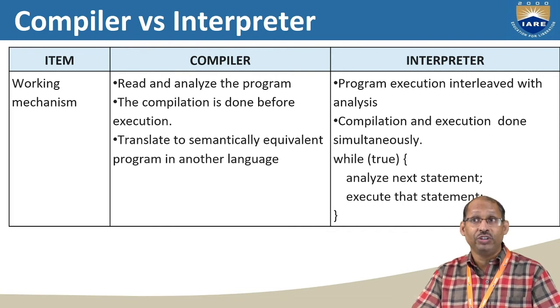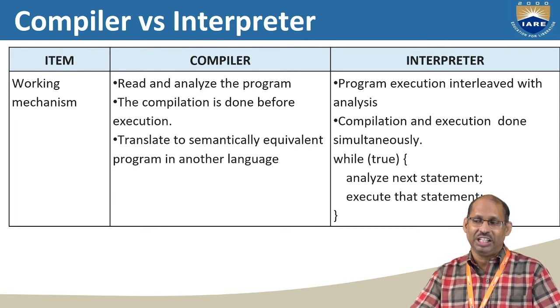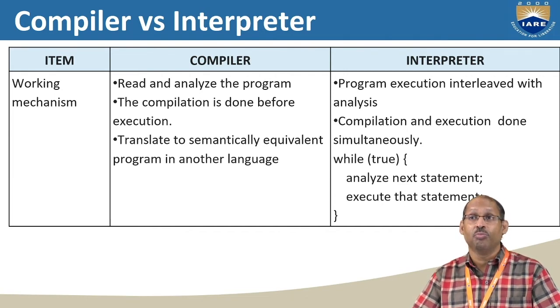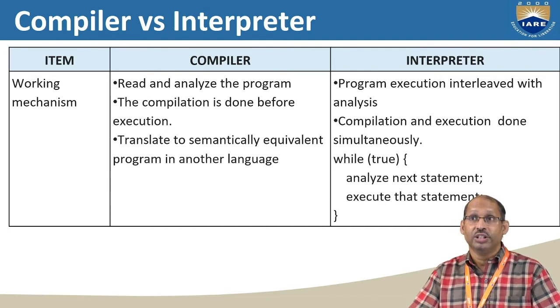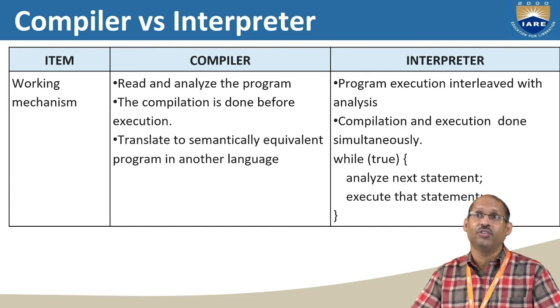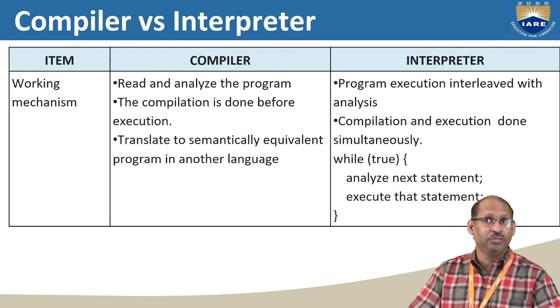But when you consider an interpreter, 1000 times it will read the statement, analyze the statement, and execute the statement. This means it takes more execution time for this for loop. So this is the main disadvantage of the interpreter over the compiler. Now what is the working mechanism of the compiler?